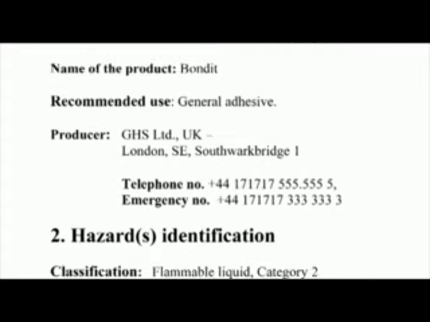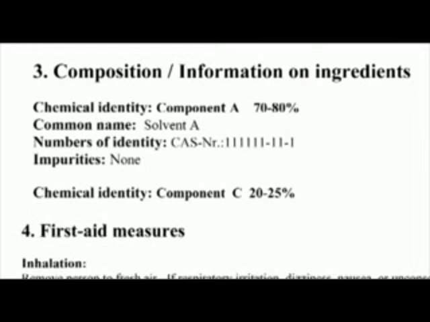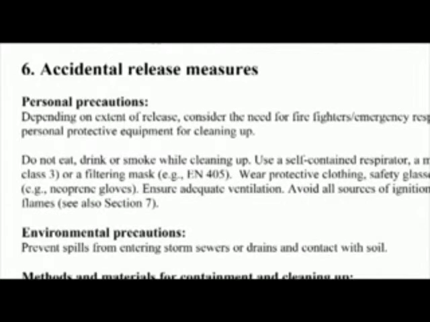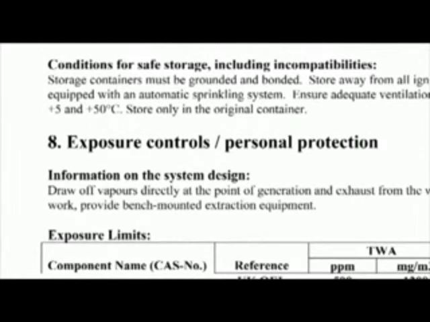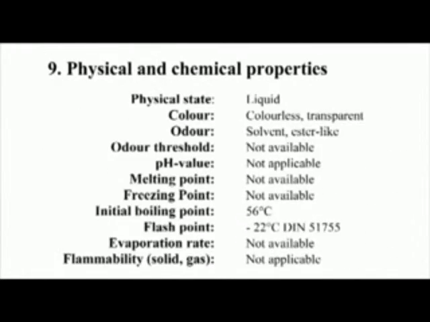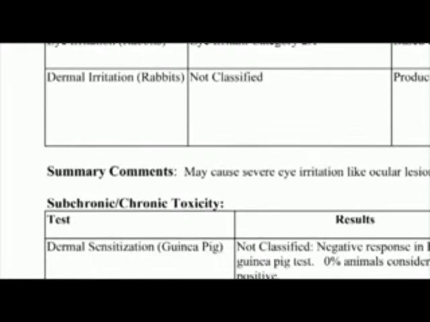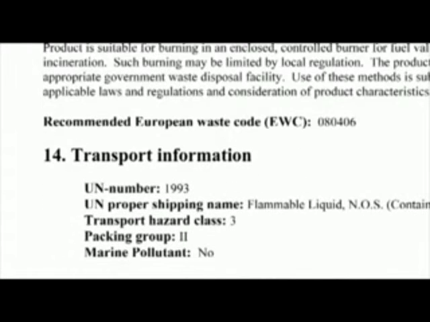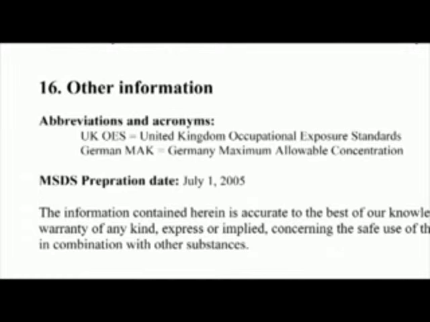The 16 sections include identification of chemical, hazard identification, composition, information on ingredients, first aid measures, firefighting measures, accidental release measures, handling and storage, exposure controls, personal protection, physical and chemical properties, stability and reactivity, toxicological information, ecological information, disposal considerations, transport information, regulatory information, other information including date of preparation or last revision.